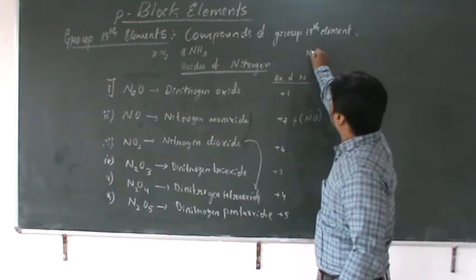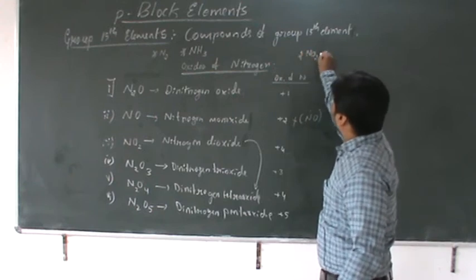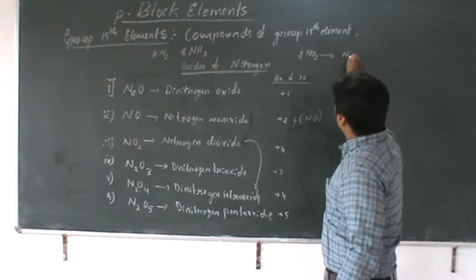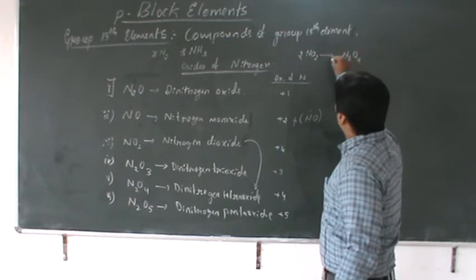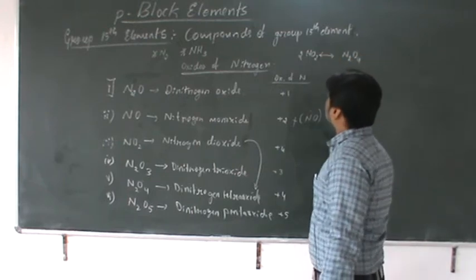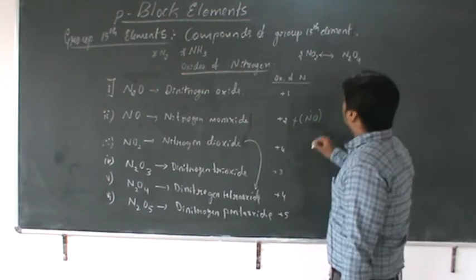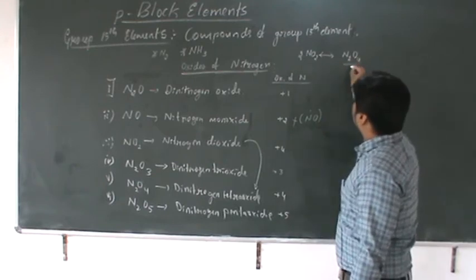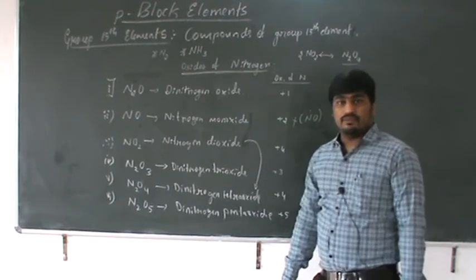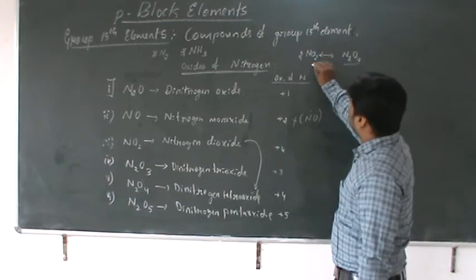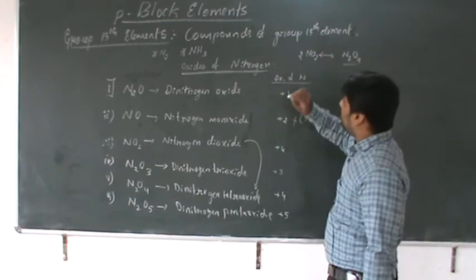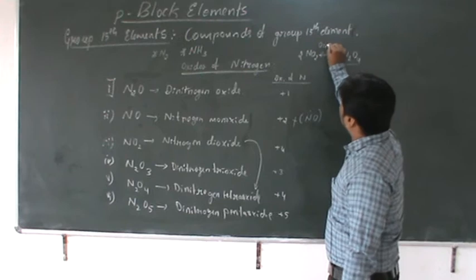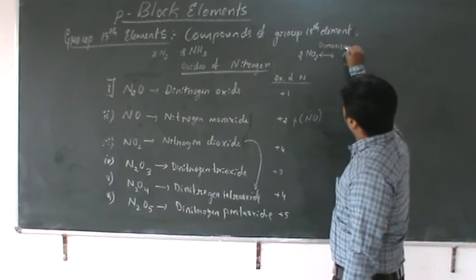Two molecules of NO2 get converted into N2O4. It is a reversible reaction, but more stability is observed in dinitrogen tetroxide. This process is called dimerization.